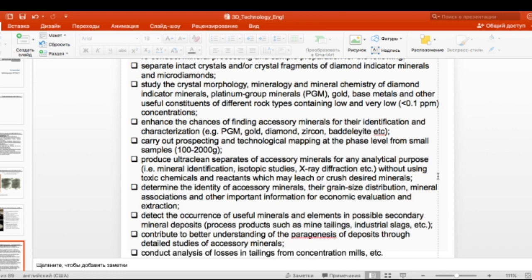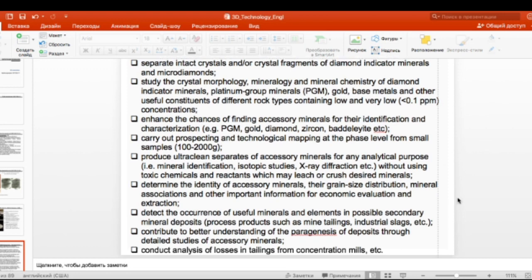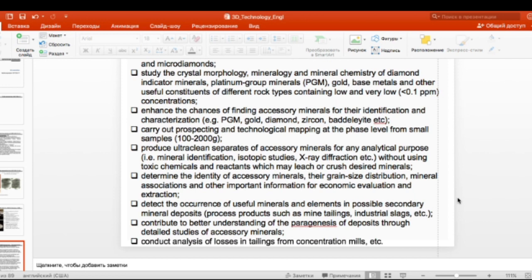And these 6 minerals were identified, extracted and analyzed from electric pulse and hydroseparation concentrates. And there will be many more mineral discoveries right now due to the application of these two technologies.